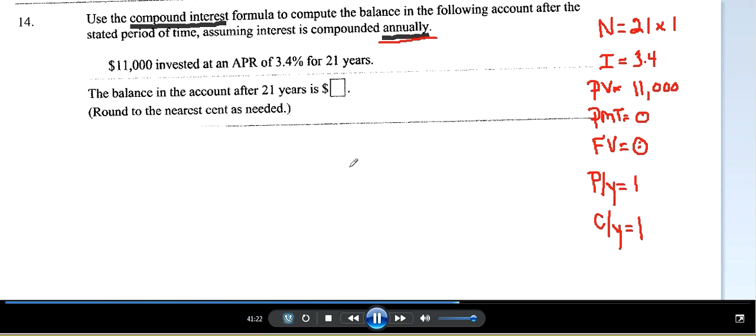Then from here you're going to hit your alpha key, the green key, alpha, and enter. And then your total's going to come up.